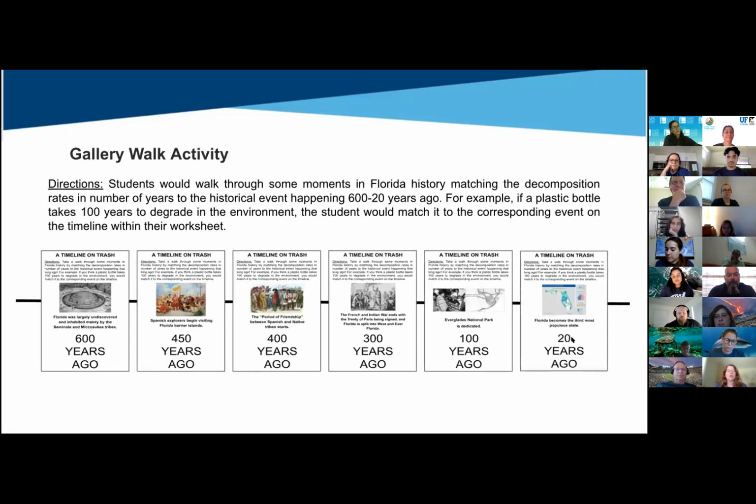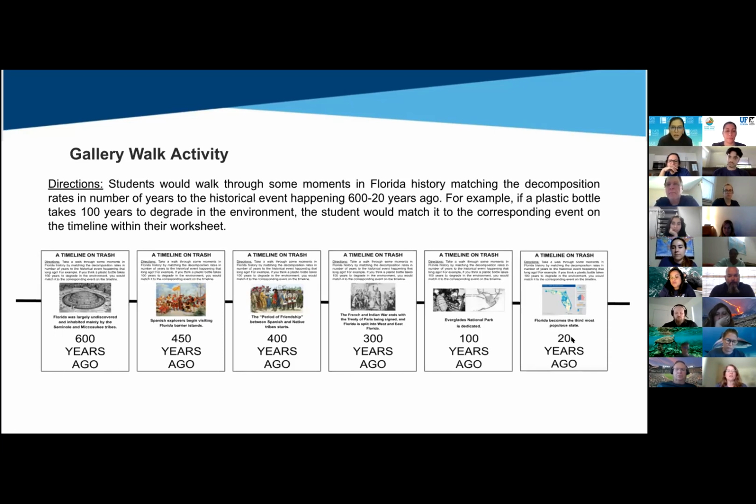The gallery walk is going to have these pictures around the classroom, and the directions for the students are listed on each of the posters that you would print out and put around your room. Then the students have a worksheet where they will put pieces of plastic debris on a timeline and match them up with when they think it happened in our history.